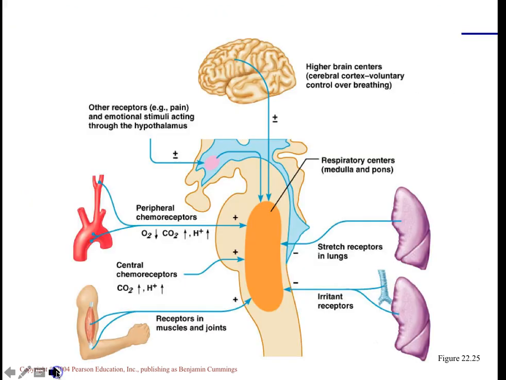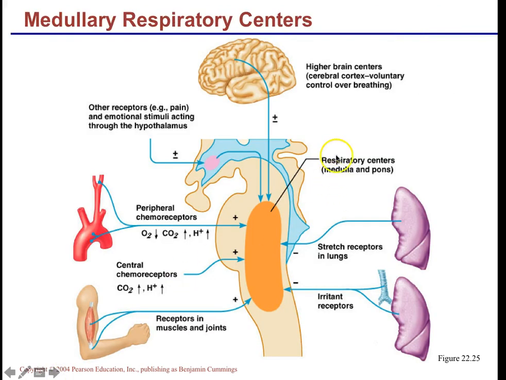Okay, and here we go. Now, again, this is a diagram from hell. It gives you way too much information, but what it's trying to show you is a negative feedback system. Let's take a situation where you have too much carbon dioxide and you're firing these chemoreceptors. What is the medulla going to do with that?